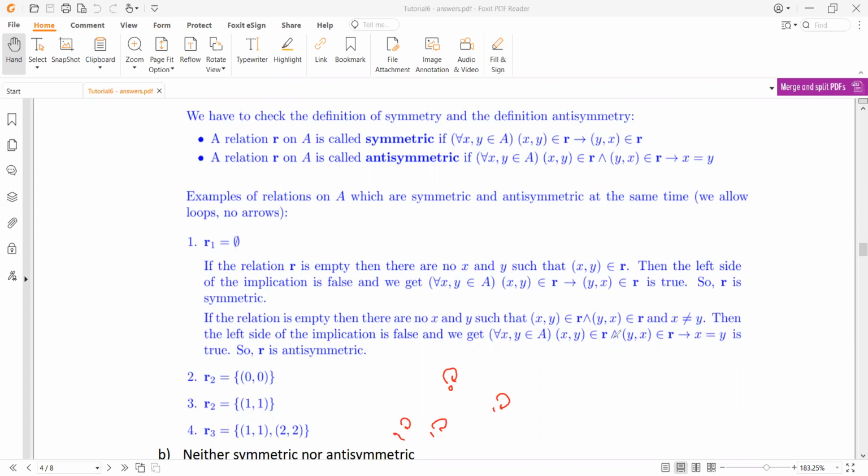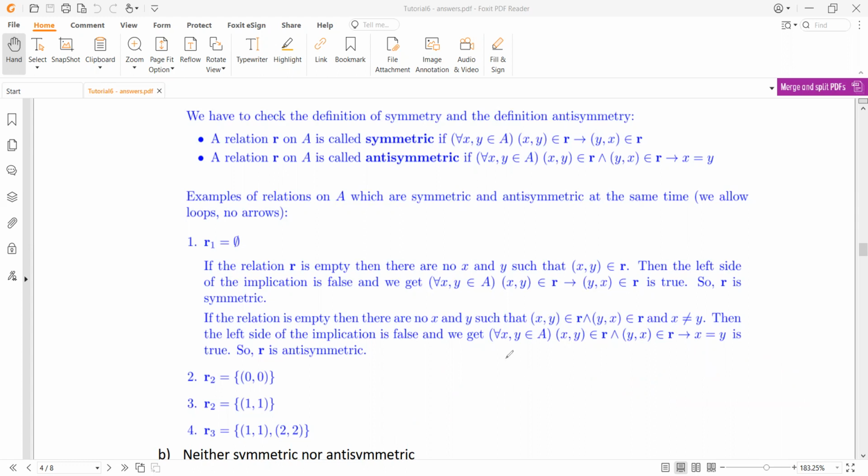The condition for symmetric is that if this pair belongs to the relation, the reverse one also belongs to the relation, where A and B are not the same. So you're gonna fail to find the left side, as I said, which means that the implication is true.